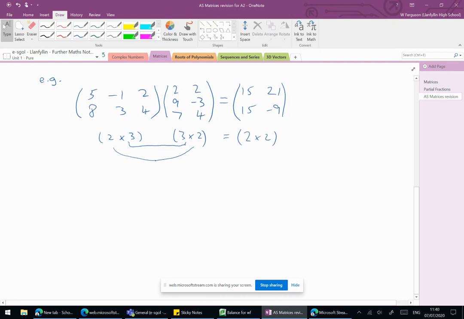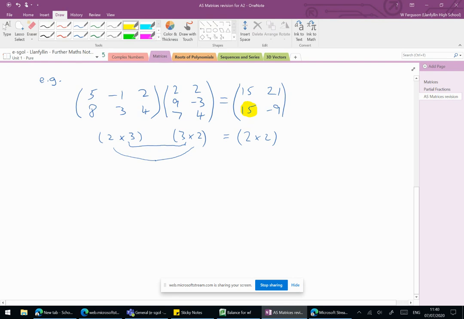So just thinking about how do I get those numbers 15, 21 and 15 and minus 9, let's just focus on one of them. Let's take, say, that 15 down in the bottom left-hand corner. So I can find the result of any particular element in the answer matrix by thinking about its position. So this is in the second row and first column.